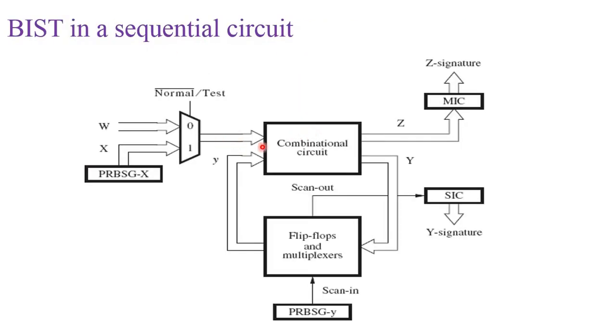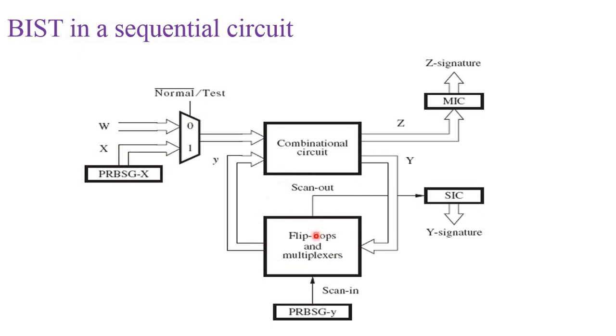So after applying under normal test, we get the multiple input compressor circuit, and this can be represented by the Z signature. Under the normal test condition, this is the output. Under the test condition, the pseudo random generated vectors are generated, and this is the output.